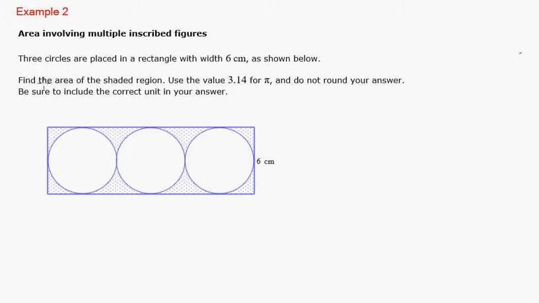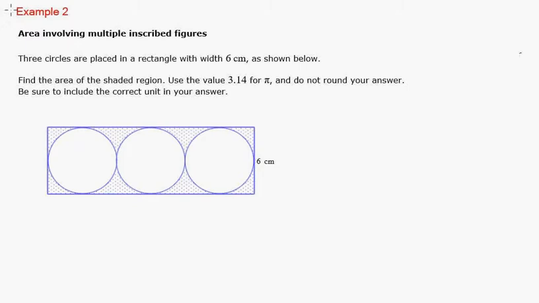First, let's think about area. The area is sort of like the amount of square units inside of something. So here, what we have is a rectangle, and then we're going to cut out 3 circles. And then what's left is the shaded area.